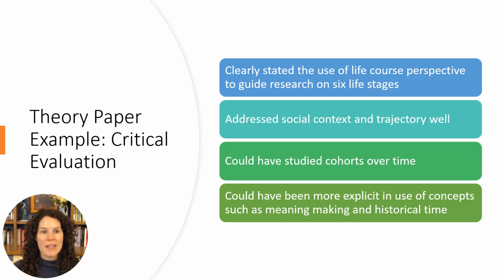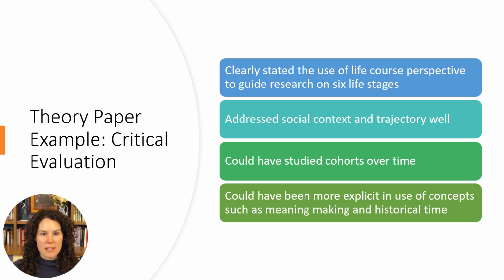Okay, so in this 4th section, the critical evaluation section, I basically put my thinking cap on and I evaluate how well they used life course perspective. So I go back to, in section 2, this is how I described life course perspective. In section 3, this is how I said they used it. What they do well, what could they do differently?